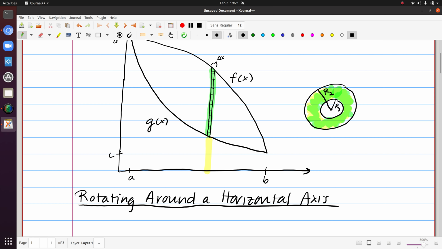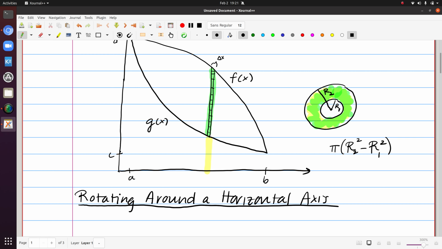Notice that the area of what I have in green, you can think about it as the area of the larger circle minus the area of the smaller circle, which you can write as pi times the outer radius squared minus the inner radius squared. And that gives me the area of that washer.